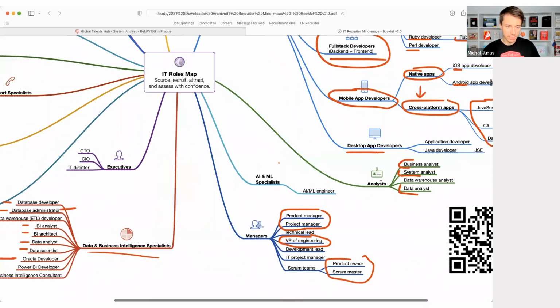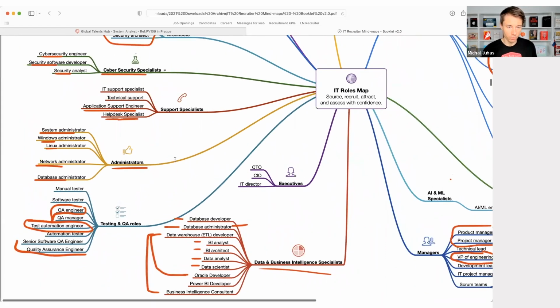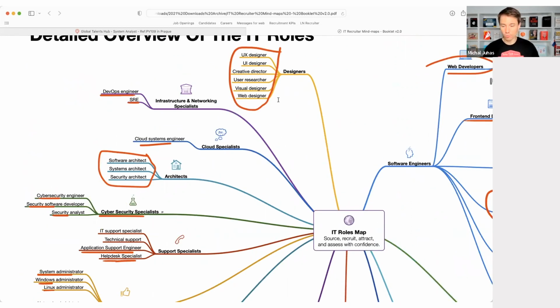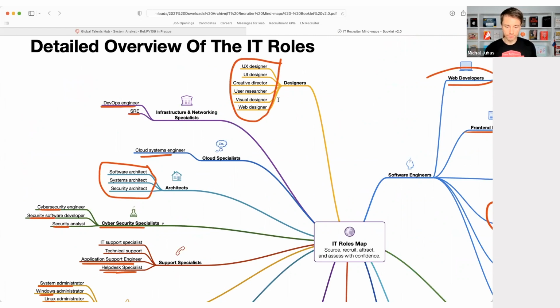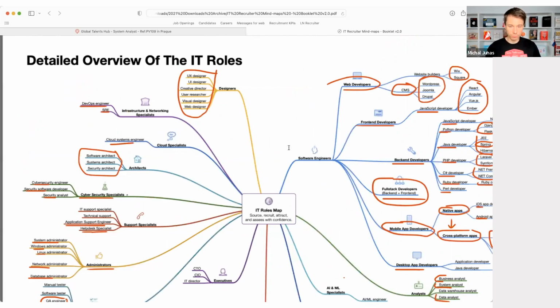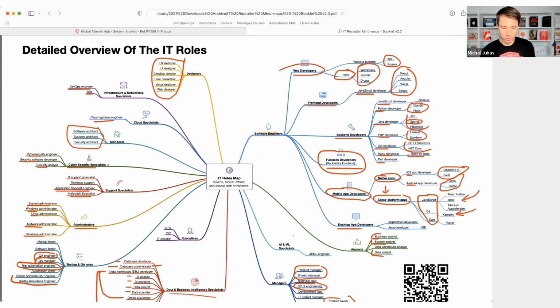And on the left-hand side of this mind map, you can see, for example, administrators or support specialists, architects, cloud specialists, designers. So different roles within IT, right? However, they have something in common. If you zoom out a bit, you see that software engineers write code. Analysts usually analyze.